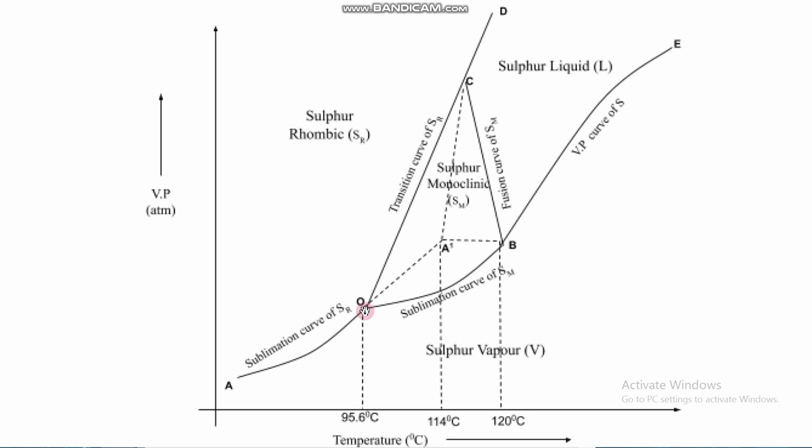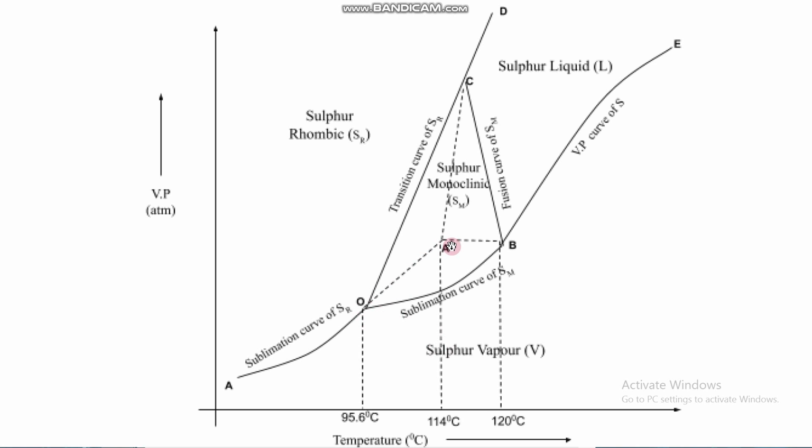If you increase the temperature rapidly or suddenly, what happens? The sulfur rhombic is not converted to sulfur monoclinic. So this is metastable equilibrium between sulfur rhombic and sulfur vapor. Correct? This metastable equilibrium is represented by the dotted curve OA dash.